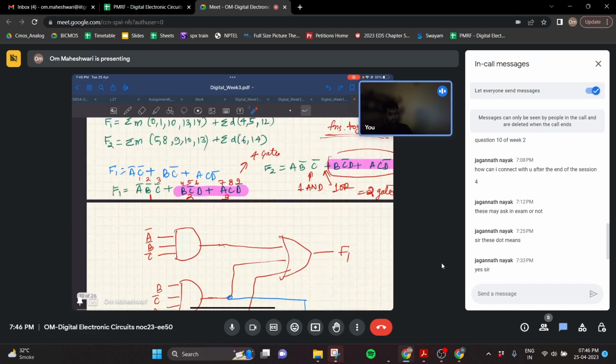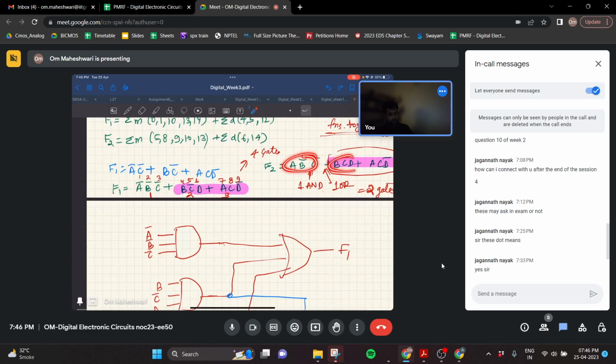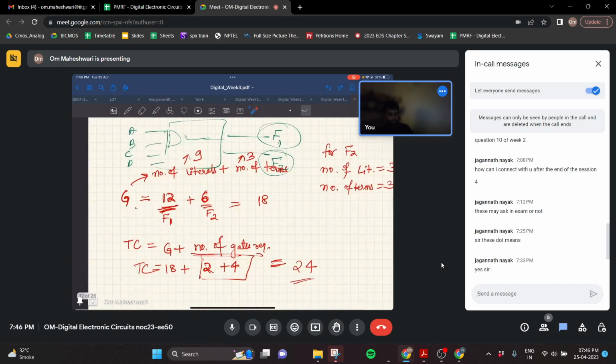So we will have three terms here and three later, 1 2 3. So it is 3 plus 3. The general cost for f2 is 6. It is 3 literals, 1 2 3, plus 3 terms. It is 3 plus 3. So that is what I have written here.